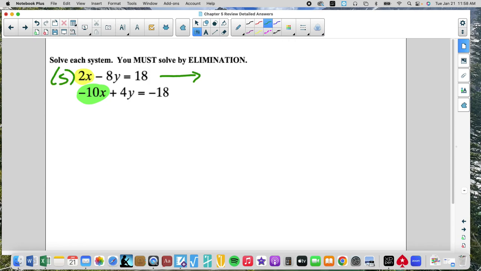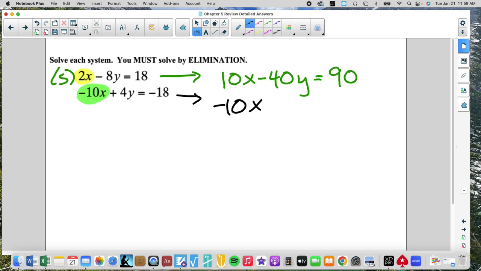So I'm going to create an equivalent equation, or a proportional equation. 5 times 2x is 10x. 5 times negative 8y is negative 40y. And 5 times 18 is 90. So you have to multiply all 3 terms to keep it equivalent and balanced. Then we just bring over the bottom one.